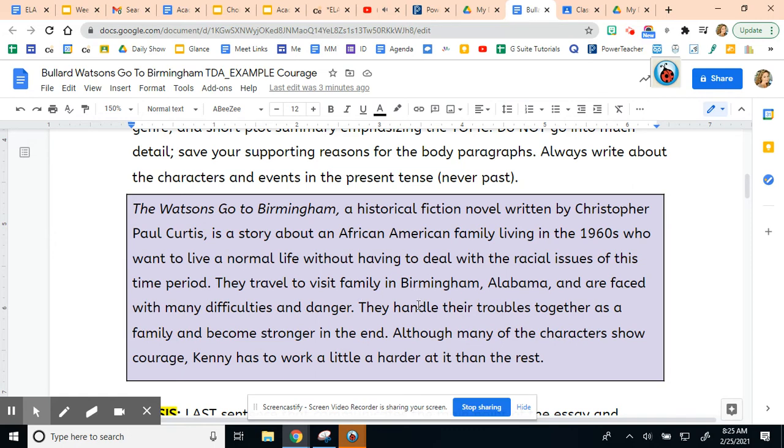Now, I want you to notice I talked about courage here because that's the topic of my essay. So you're going to want to pick whatever your topic is and include that in your summary somewhere, like how important the family is, if that's your topic, or the importance of growing up in this book, or the importance of making good choices.